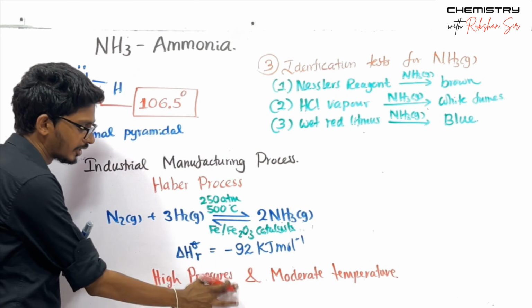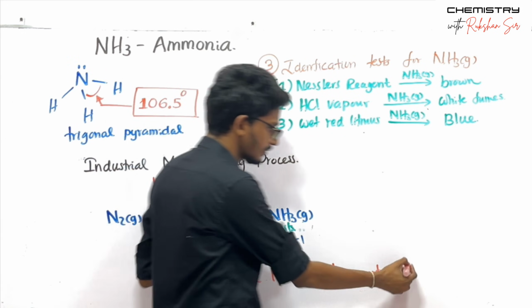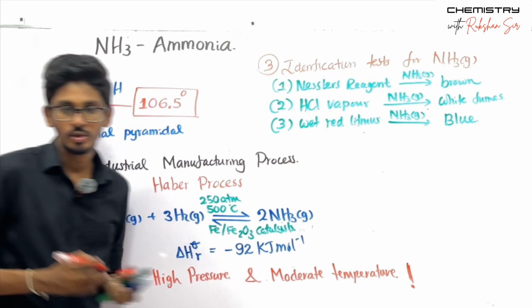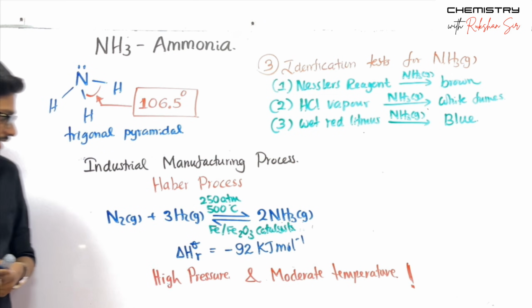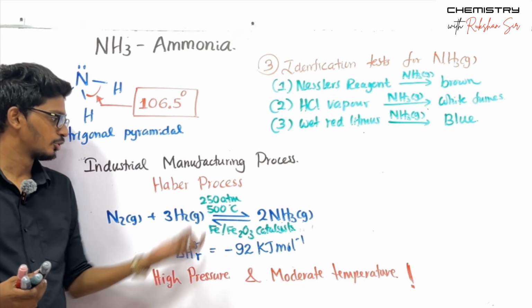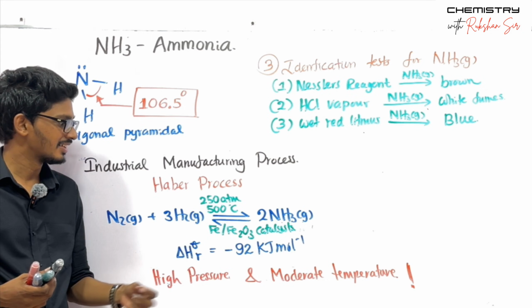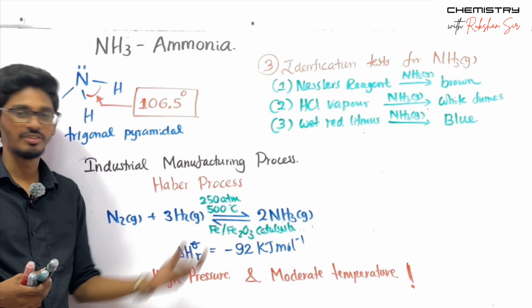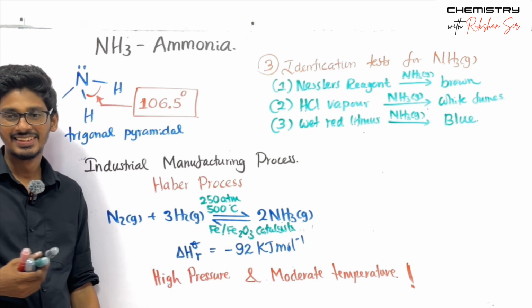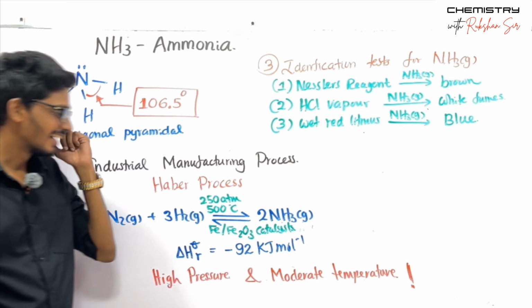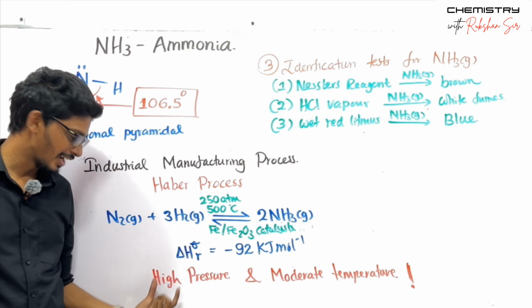These conditions are needed to do this process. So one may wonder why we are saying high pressure for 250, while saying moderate for the 500. 250 atm high pressure.